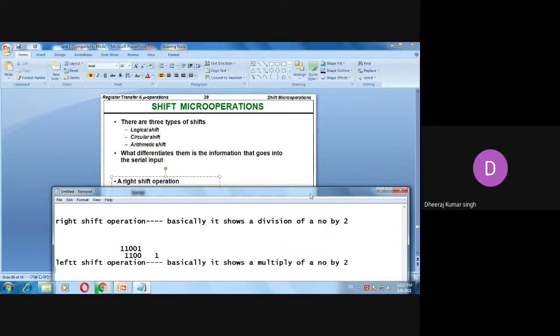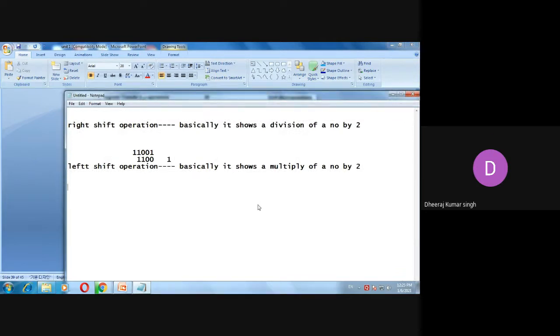You can again see it with an example. Suppose you take the number 1101, and someone says left shift this number by one bit. This one will come at this place, the first one at this place, the second one at this place, zero will come at this place, and again one will come at this place.